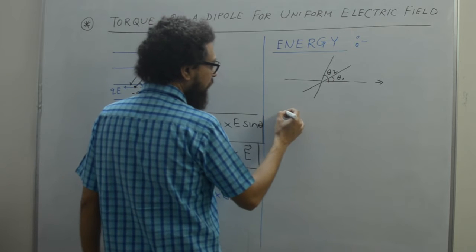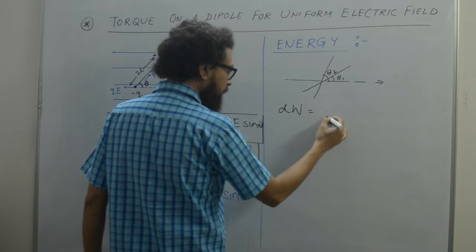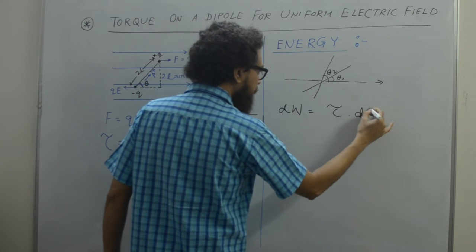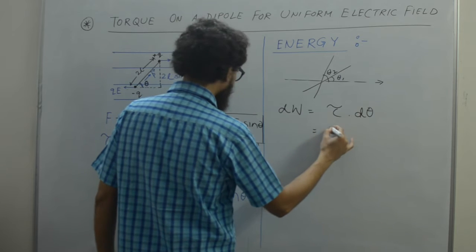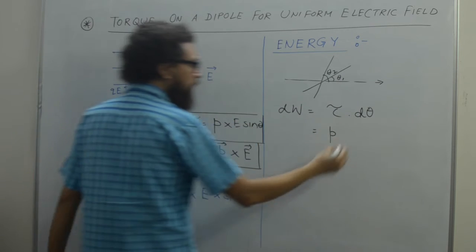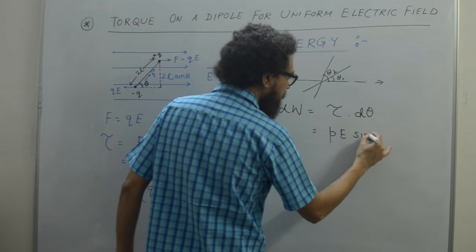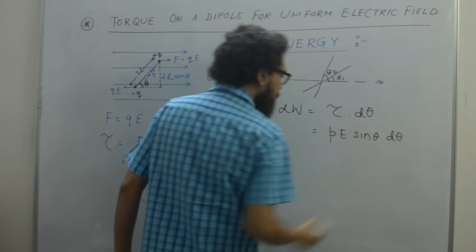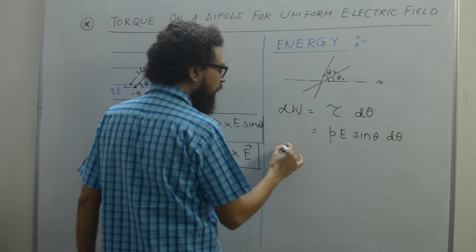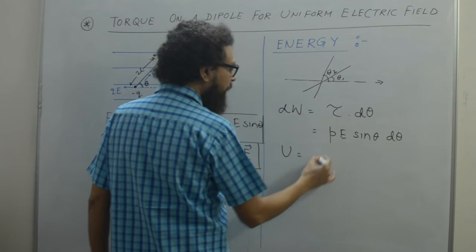So energy, meaning a small amount of work done, is equal to tau into d theta. That's for sure. Tau is Pe sine theta, and d theta. So the total work done here will be the integration of this.